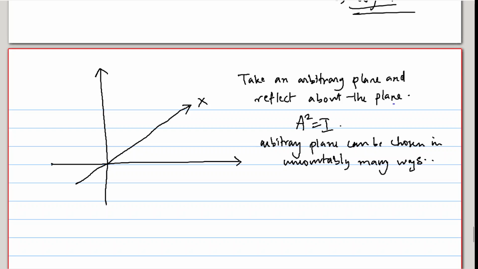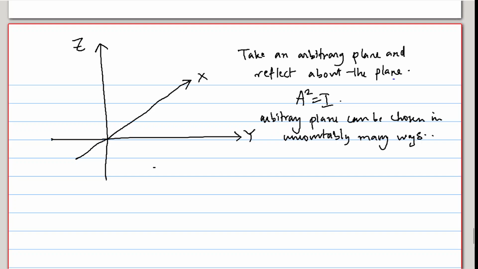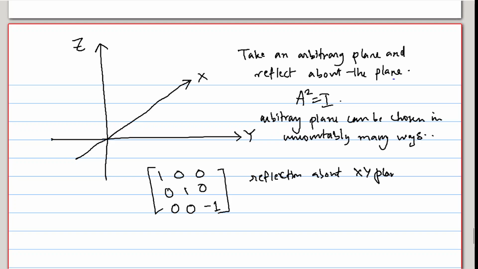Suppose you look at the xy plane, then what would the matrix be? X will go to X, Y to Y, and Z will go to minus Z. This is the reflection about the xy plane.